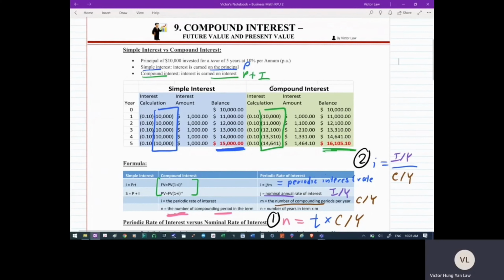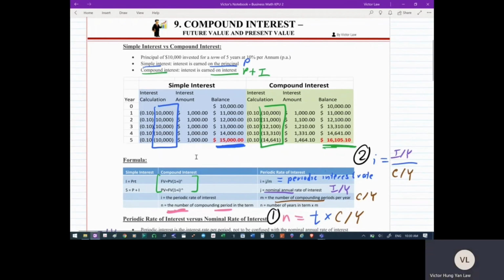And for compound interest, our interest calculation is based on the principal amount plus the interest that we earn each year. And as a result of that, when we look at the balance at the end of 5 years, our simple interest balance is $15,000. And for our compound interest, our balance at the end of 5 years is $16,000. So you can see that compound interest and simple interest make a big difference in terms of the ending result.